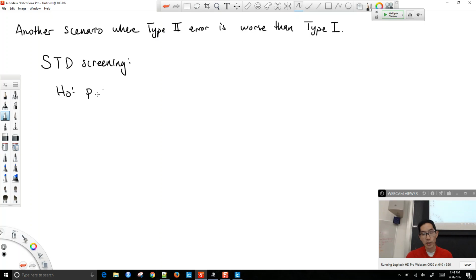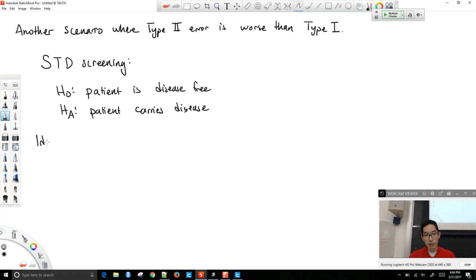So the null hypothesis will be patient is disease-free. And then the alternative will be patient carries some kind of disease. Okay? And in this scenario, ideally, all healthy people will test negative.